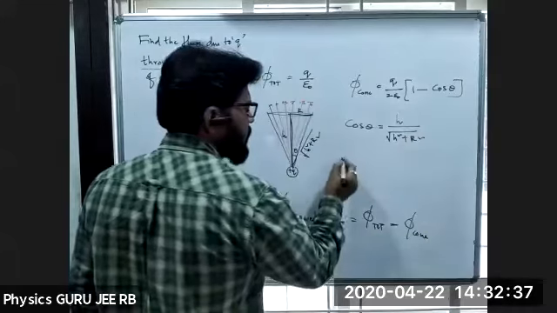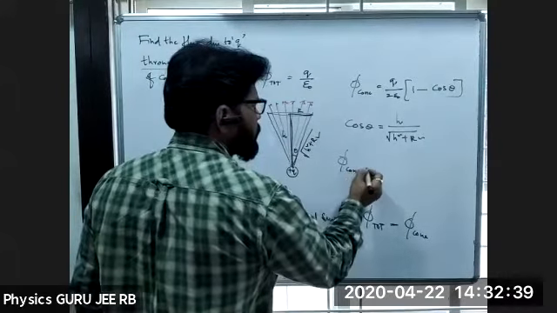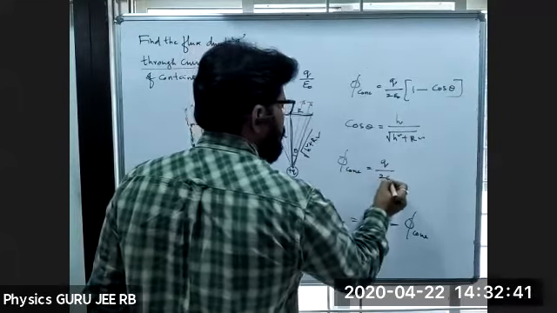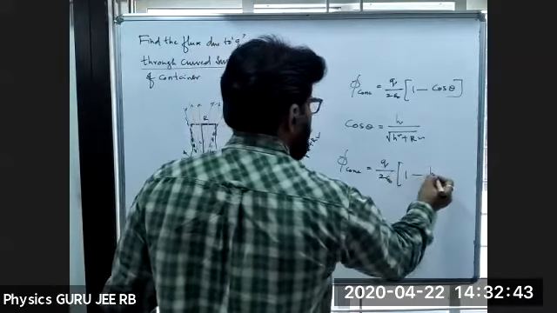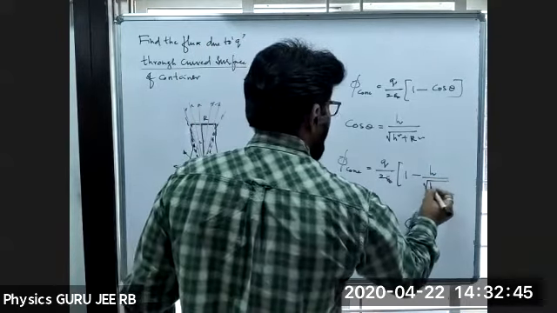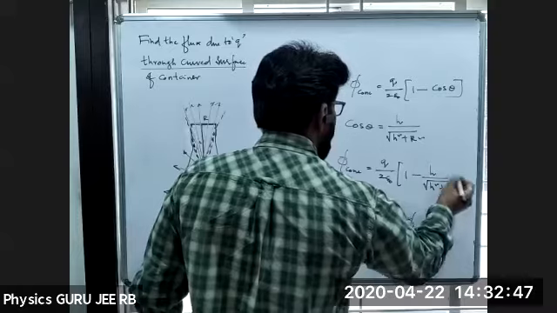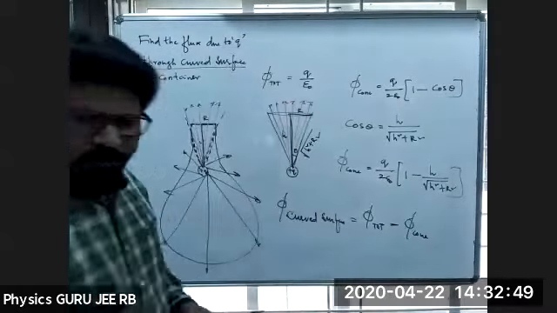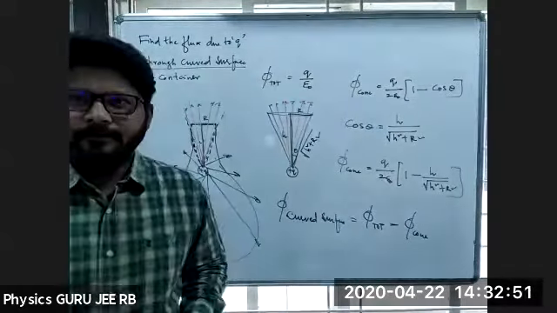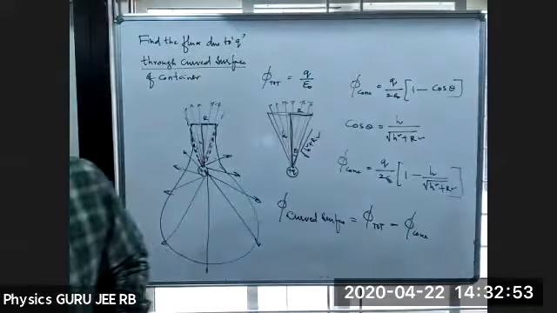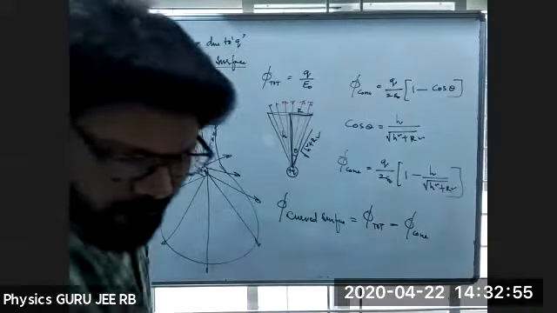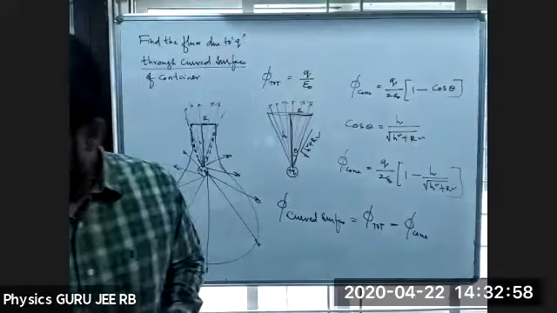Simply substitute there: due to the cone, q by 2 epsilon naught into 1 minus h by under root of h square plus r square. Fine? Yes? No?